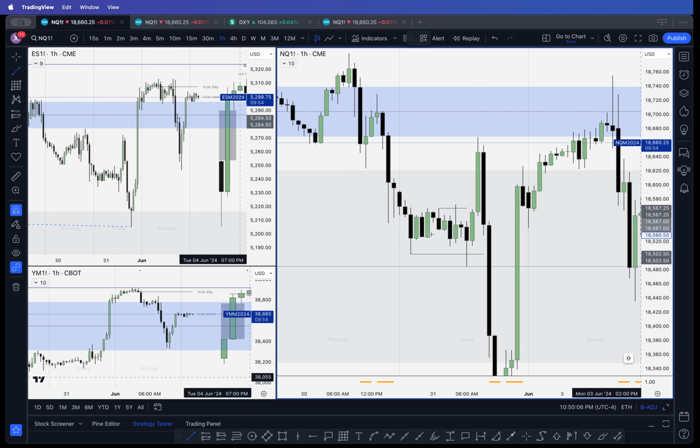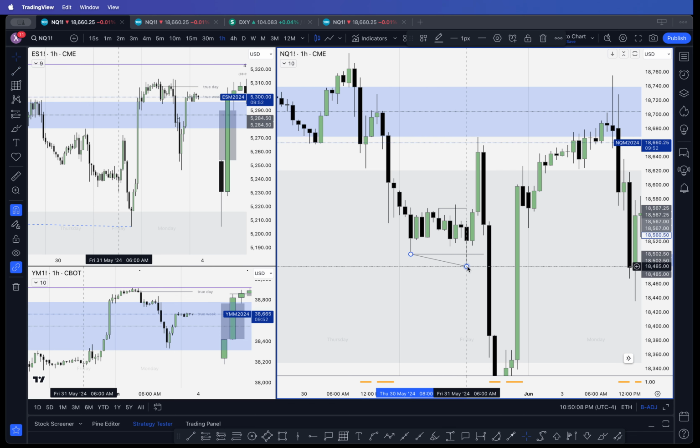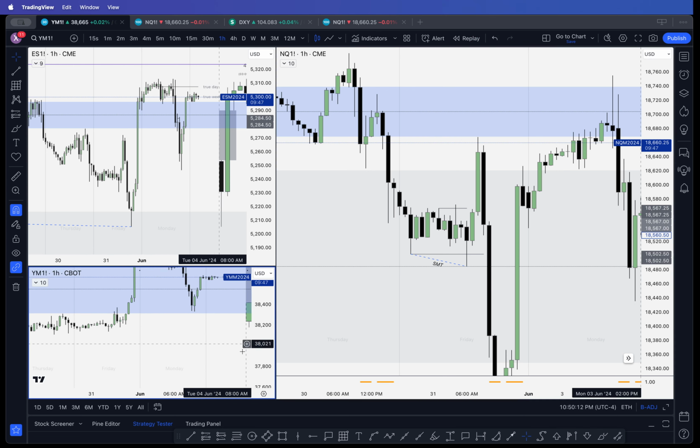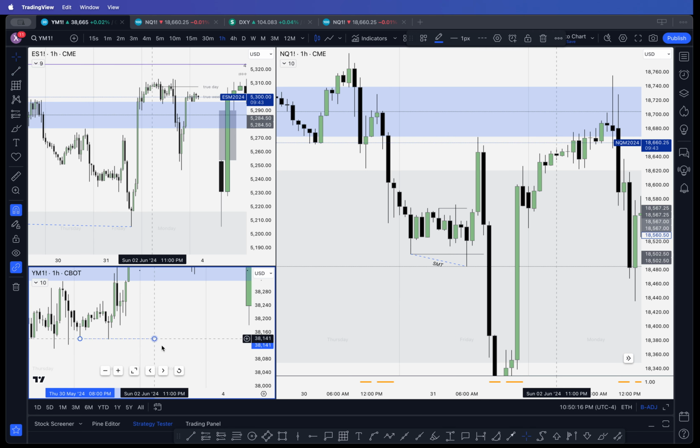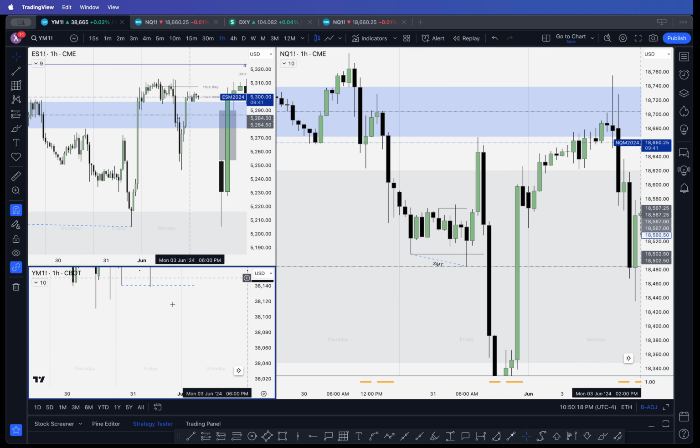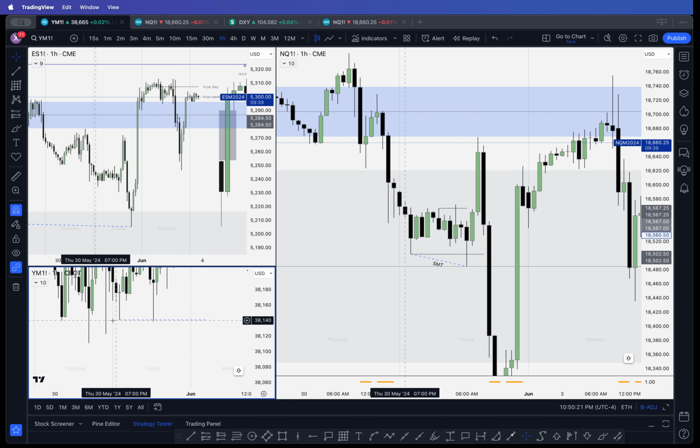What's an even better if? This forms right here. SMT, right? What do you see in SMT? It's this low. You see that SMT right there with the YM?